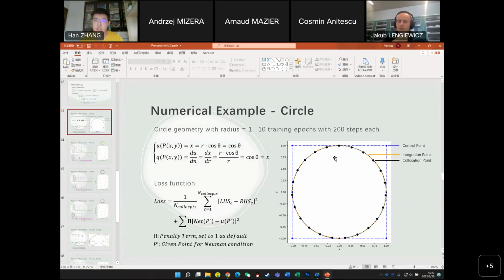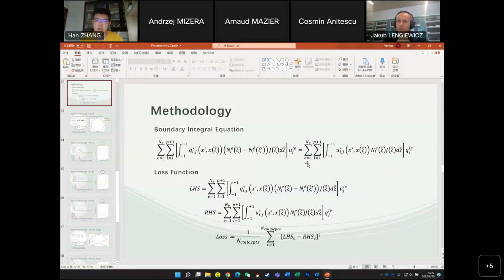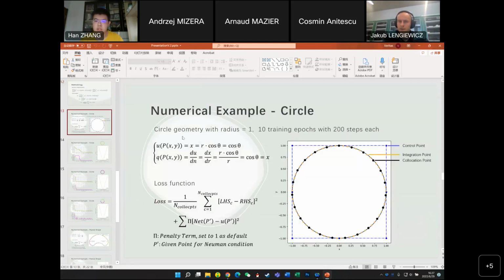Since we know all the temperature on the geometry but do not know any of the flux, with this boundary integral equation we could use it to solve the flux. The output of the neural network is the flux. Okay, is the flux based on the geometry? Yeah. And you assume that the boundary conditions are fixed. This is not something that is at the input of your neural network.